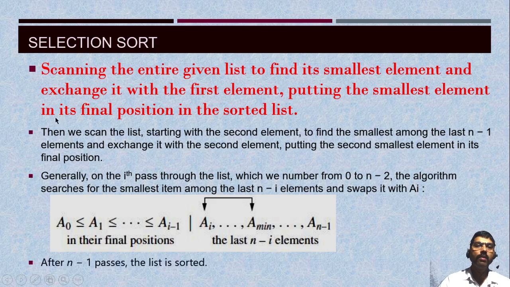Once pass 1 is completed, we scan the remaining unsorted list, starting with the second element, and find the smallest among the last n-1 elements and exchange it with the second element, putting the second smallest element in its final position. When you repeat the process, in the ith pass, the state of the elements will look like this.